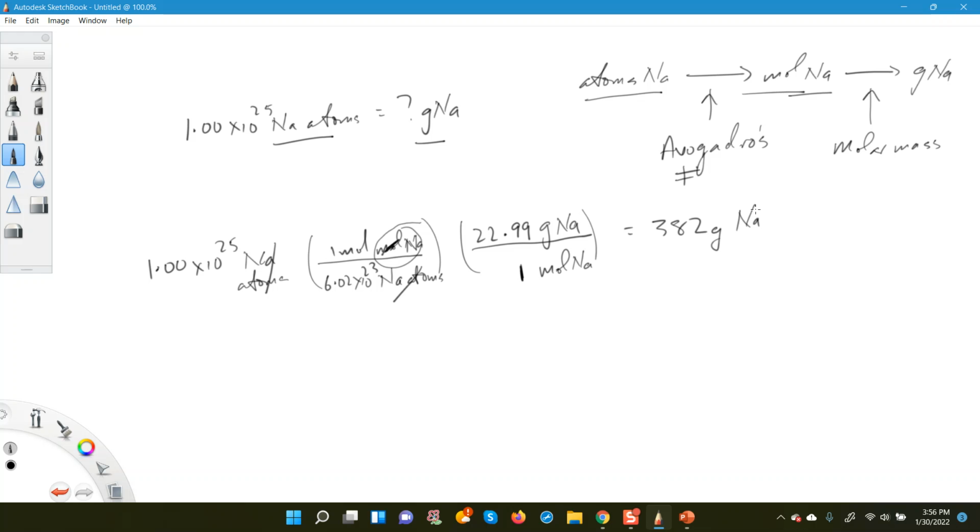And that's how, let me do this again just to make sure I have it right. 1.00 times 10 to the 25 divided by 6.02 times 10 to the 23 times 22.99. Okay, so that's the answer, 382 grams of sodium. All right? Okay, so that's basically how the C part is done.